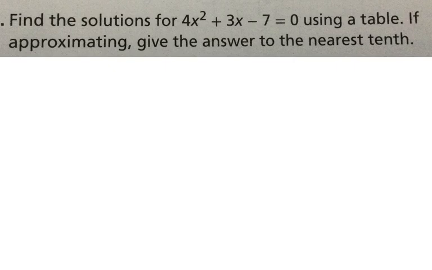At like 1.8. It's between -1.8 and -1.7. Alright, so if I have to only give one answer, which one's closer to a y value of 0? Is it -1.8 or -1.7? -1.8. Okay, so when I look at that table, -1.8 gives me what value? 0.56. -1.7 gives me what value?